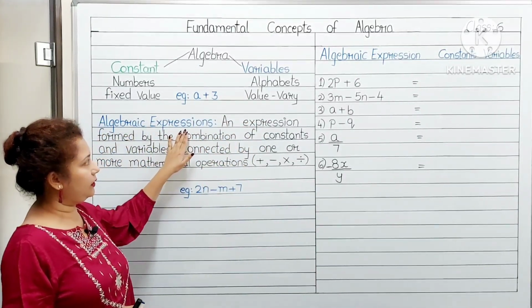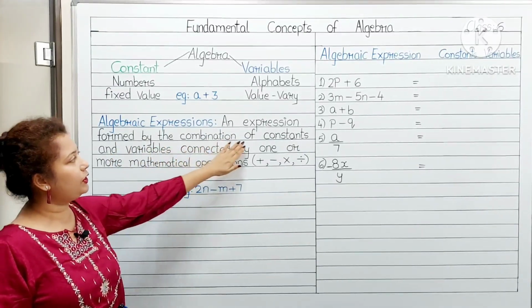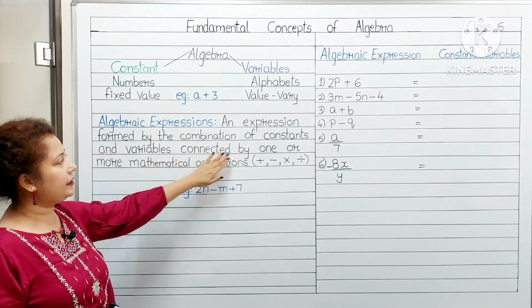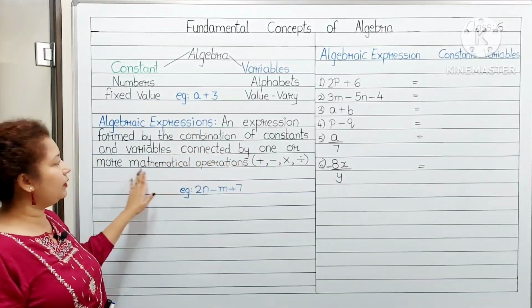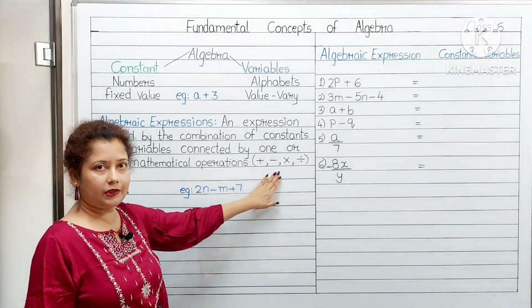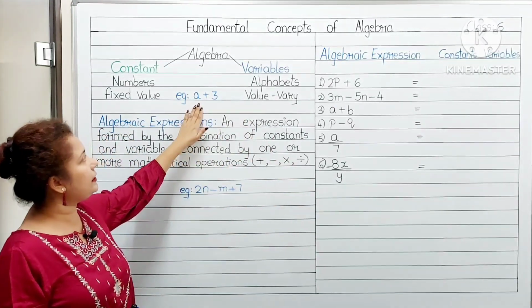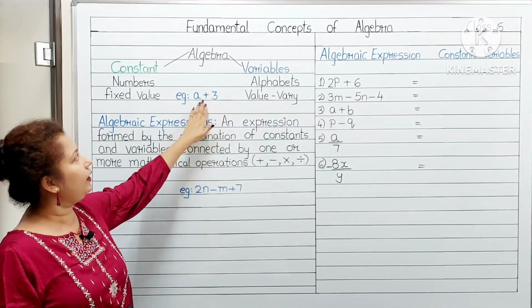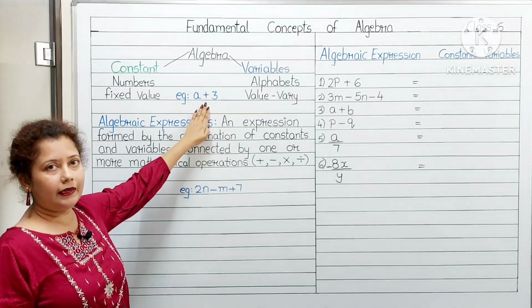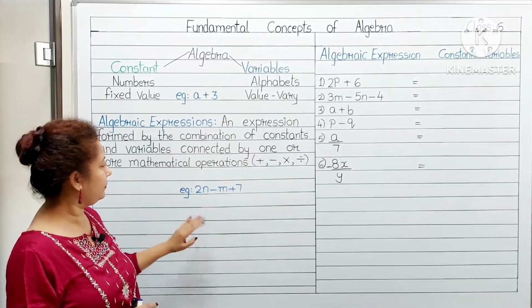In this example, a plus 3, a variable and a constant are combined and connected by one mathematical operation, that is addition.